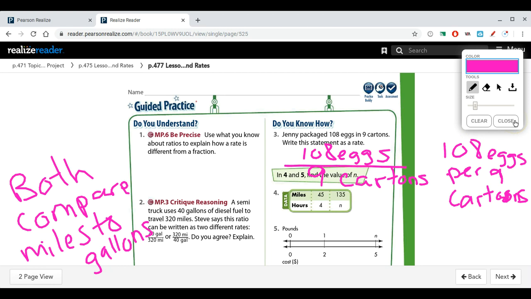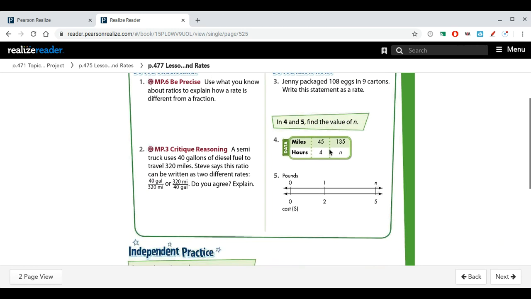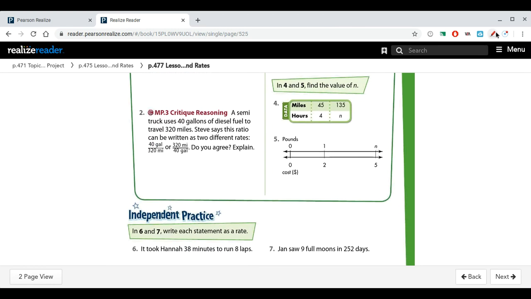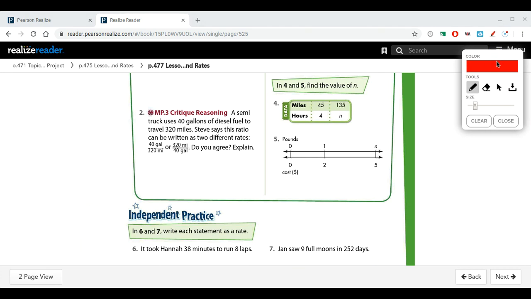All right. So in 4 and 5, we're going to find the value of N. So when we look at the value of N, here I have 45 to, I'm going to write it as a rate, 135. So if I'm writing it as a rate, I need to include my units of measurement. So miles per hour.